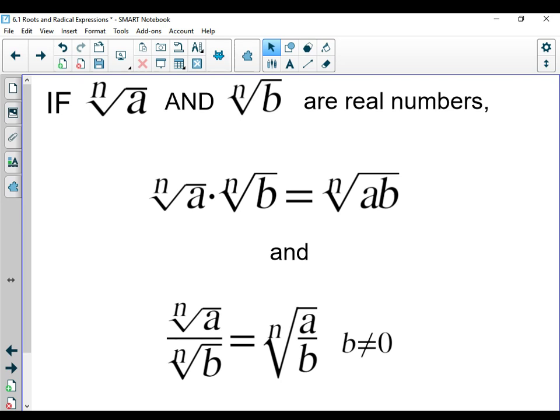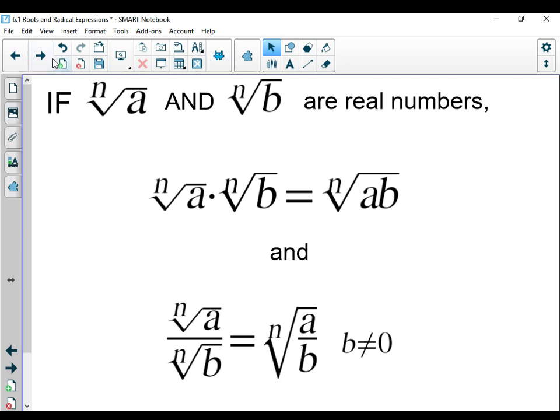Okay, so I can split it up or I can put them together either way. And we're going to use these two properties to approach both multiplication and division. Multiplication, like I said, is just like simplifying, except you have to multiply at the beginning.